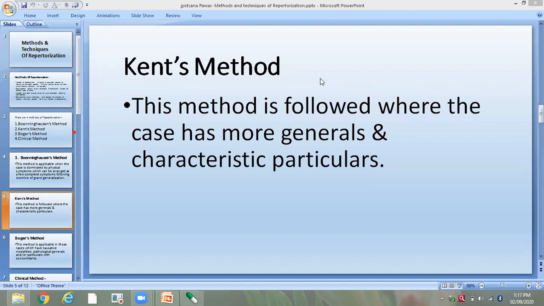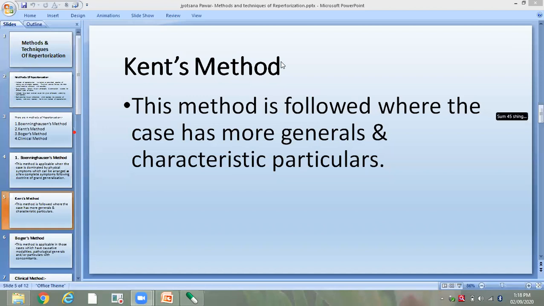General symptoms are again classified into two groups, mental general and physical general. Under mental general, all the mental symptoms come. But which things come under physical general? While taking the case, about which things do we inquire when taking the physical generals?